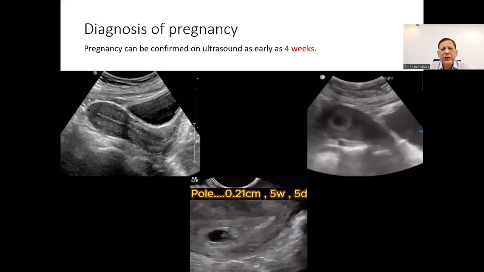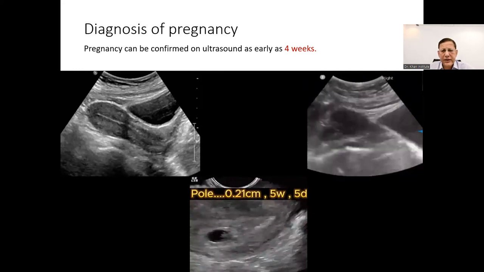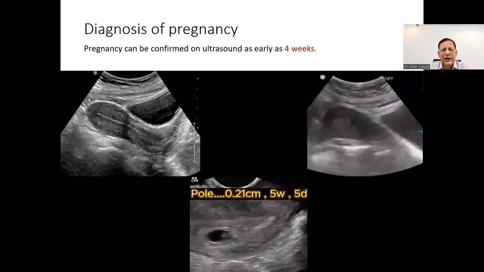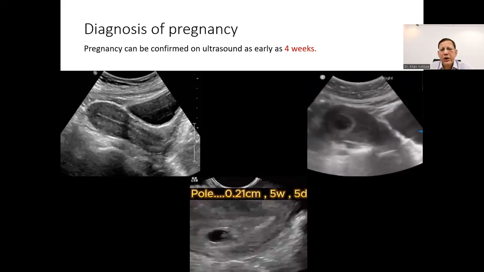There are only three ways to confirm pregnancy. Number one is a urine test for pregnancy that can be easily done at home or in an outpatient clinic. But the problem is that it is not a reliable test.